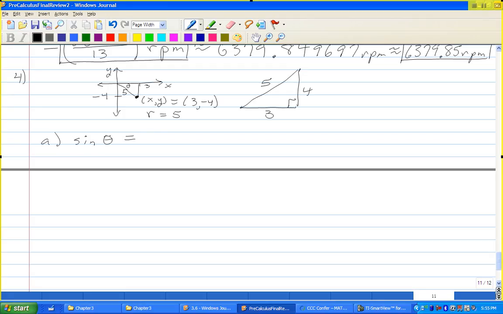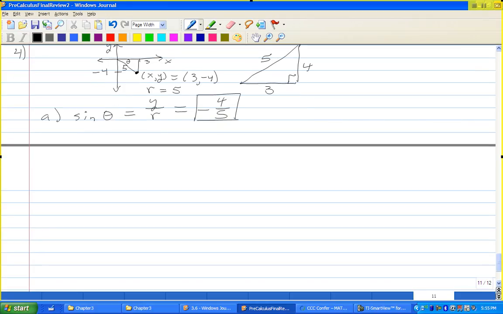And so this is just y over r, which is negative 4/5. B, cosine, which is x over r, 3/5.